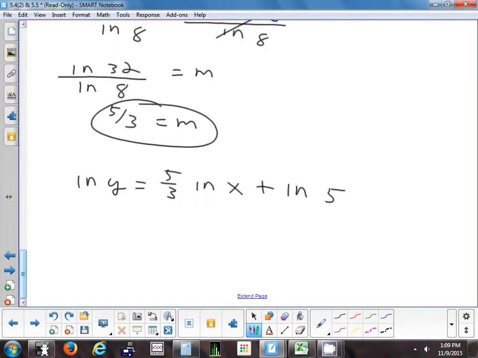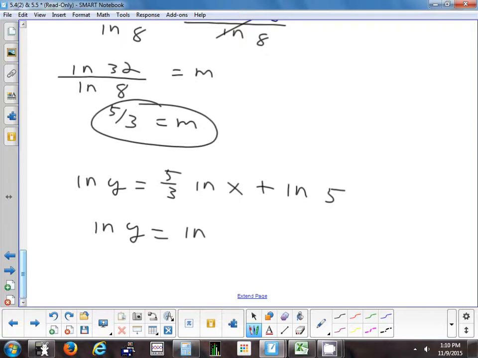It's kind of the opposite of something we just did with this 5/3. Think of our rules with logs. What is a number in front, really? It's an exponent. Okay, so put that back as an exponent.